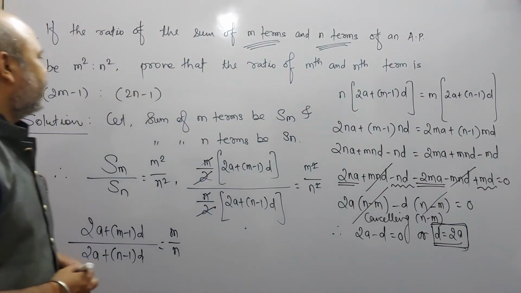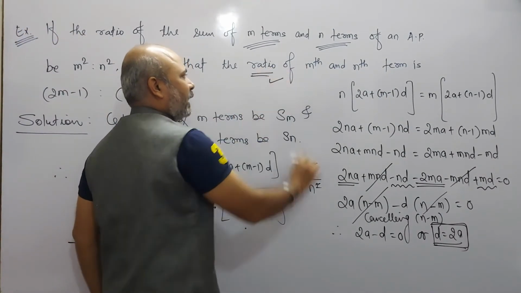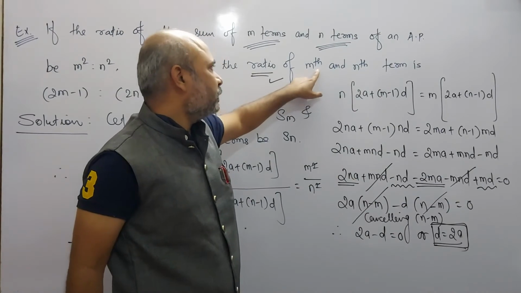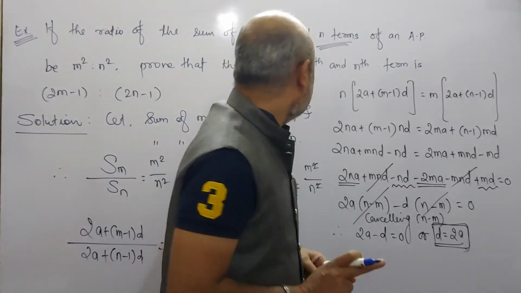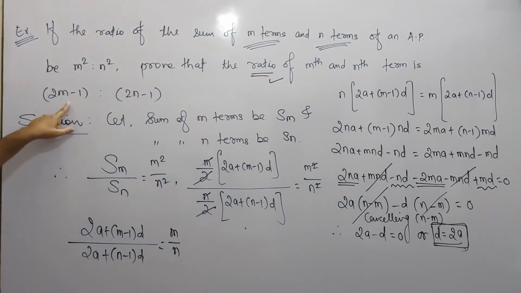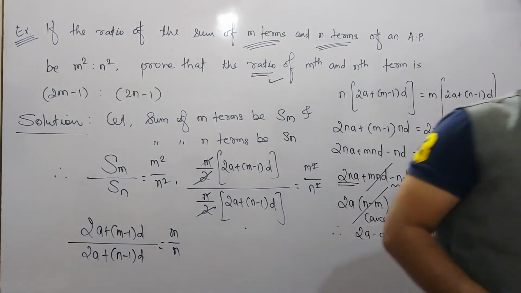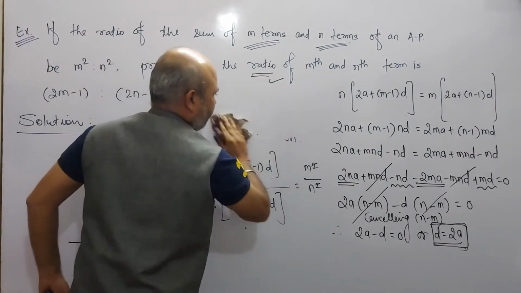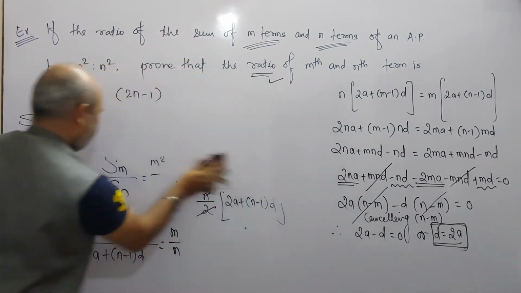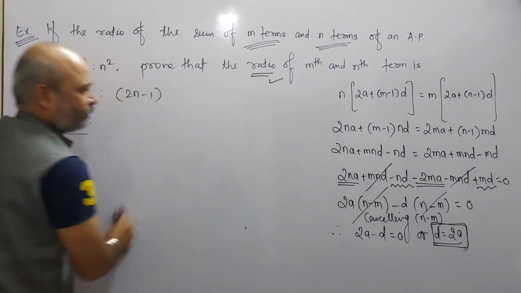What you have to prove? You have to prove that the ratio of the mth term and nth term is 2m minus 1 is to 2n minus 1. So do you know what is the formula of Tn? Yes. You know very well what is the formula of Tn. We will use this formula.